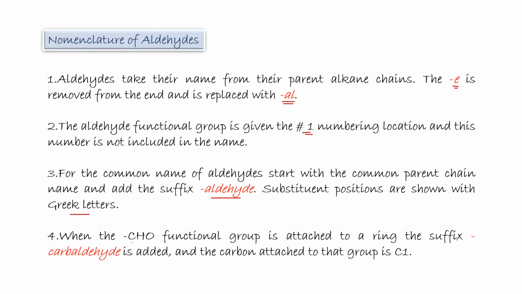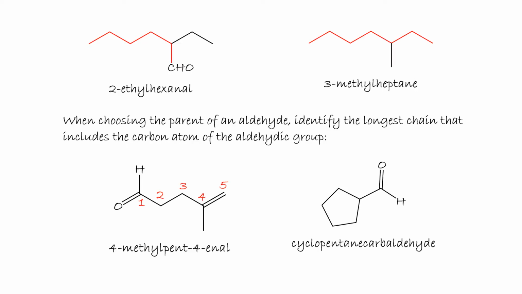When the aldehyde CHO functional group is attached to a ring, the suffix carbaldehyde is added, and the carbon attached to that carbon will be number 1. When choosing the parent of an aldehyde, identify the longest chain that includes the carbon atom of the aldehydic group.